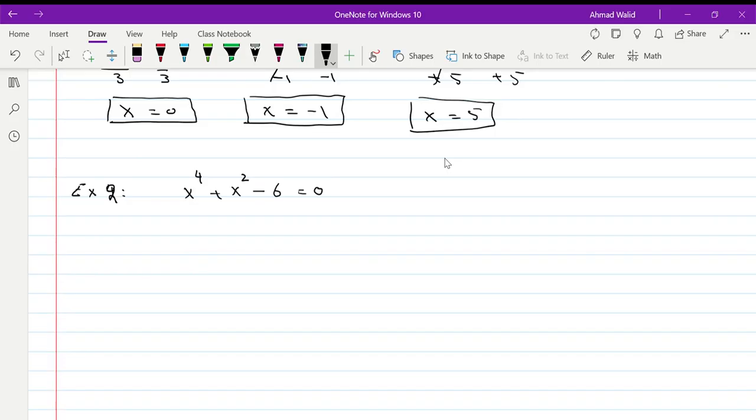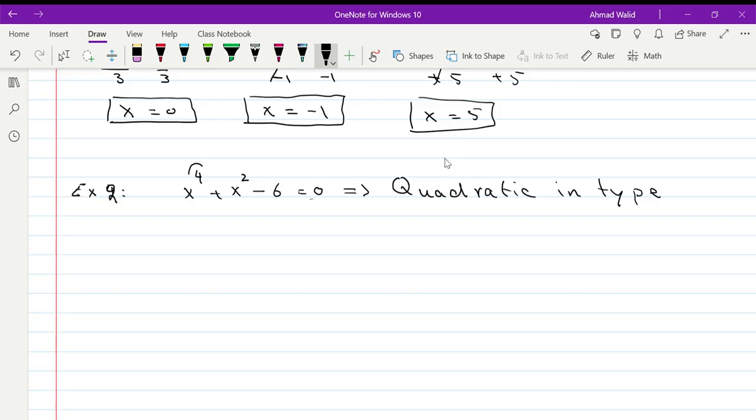We call these types of equations quadratic in type or in form. Some professors call it in type, some professors call it in form, right? Why do we call it quadratic in type?